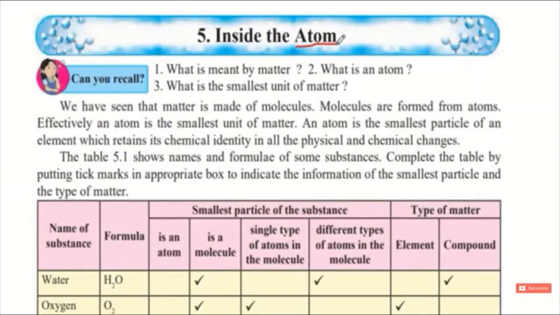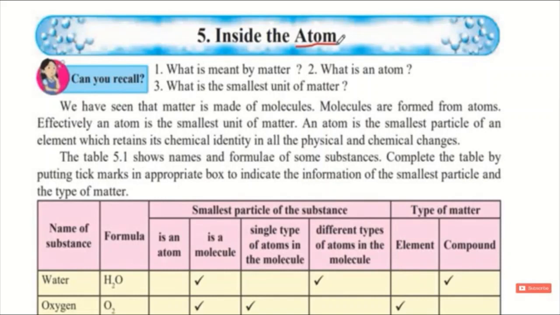Let us see first, can you recall? First, what is meant by matter? The term matter is used as a synonym of substance. Now, what is an atom? The atom is the smallest unit of matter. What is the smallest unit of matter?